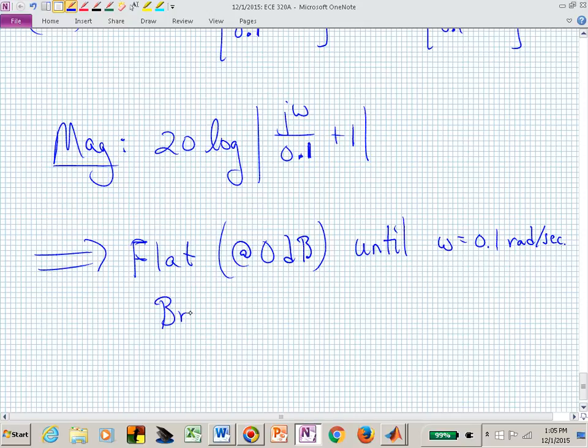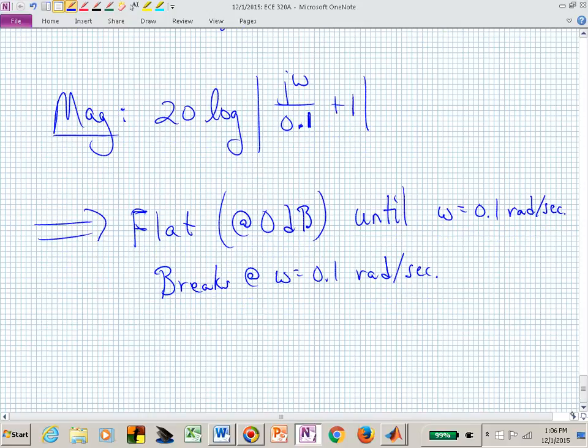Then it breaks at that frequency. And then what happens beyond that frequency of 0.1? What happens to that sketch of the zero factor?